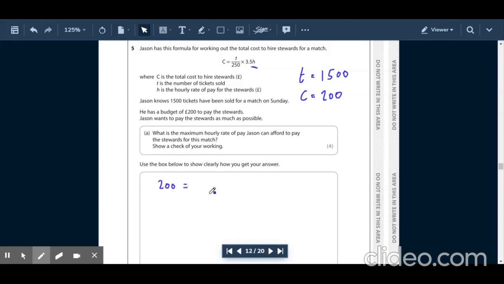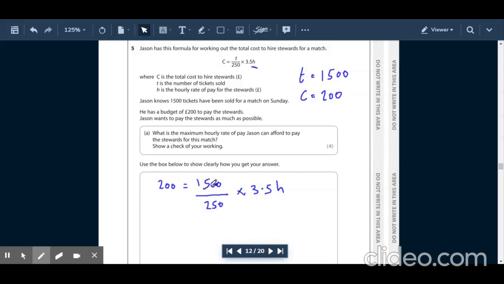So 200 is equal to 1,500 divided by 250 times by 3.5H. So what we could do now is start thinking about rearranging. But there is a slightly easier way of doing this, where we just work out this calculation with the numbers we do know, and then we work backwards. So I'm going to do it this way.